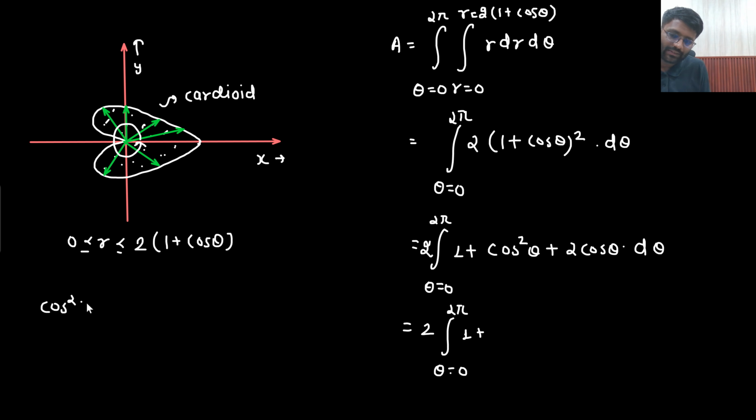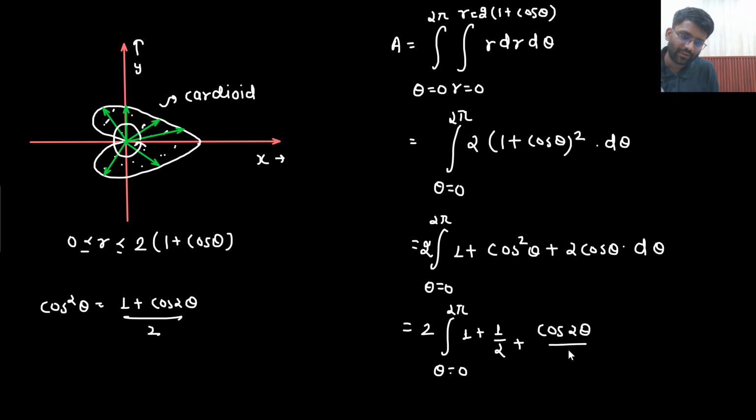Cos square theta can be written as 1 plus cos 2 theta divided by 2. So it can be written as 1 by 2 plus cos 2 theta divided by 2, plus 2 cos theta d theta. Now this is what you are supposed to integrate.